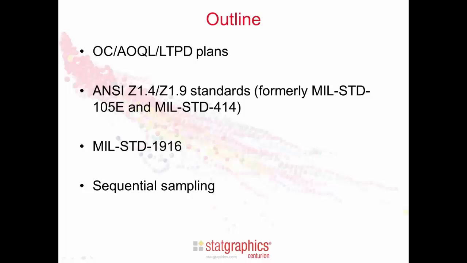The second approach is to use one of various established standards, the ANSI Z1.4 or Z1.9 standards, which were derived from earlier military standards 105E and 414. Statgraphics also allows you to construct acceptance sampling plans using MIL Standard 1916. And finally, you can construct acceptance sampling plans based upon what's called sequential sampling.